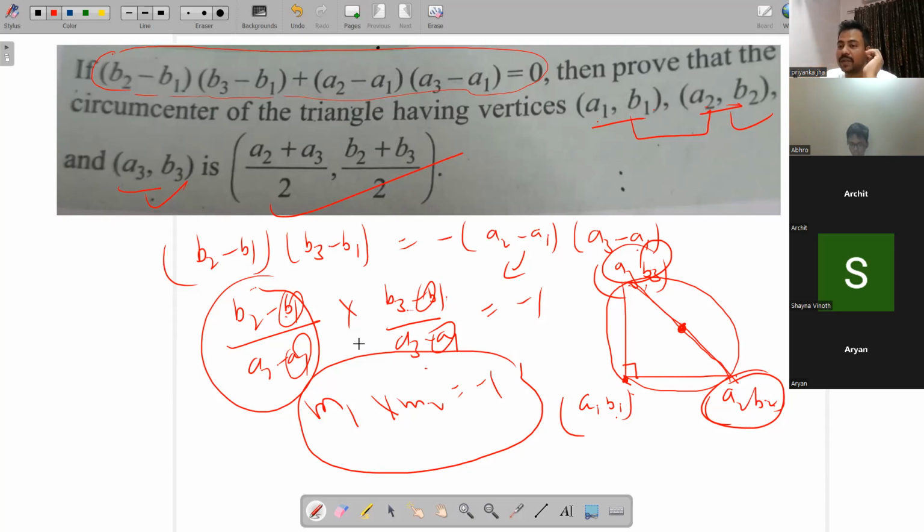If you don't prove that this is a right angle triangle, then you cannot find the circumcenter of a randomly given triangle like this. You can find it using a1 tan theta or sin 2 theta plus a2 sin 2 theta, that is fine, but this you cannot prove. And we can simply see that this is the midpoint of a2 b2 and a3 b3. So from here also we can get the hint. Yes, sir, got it.